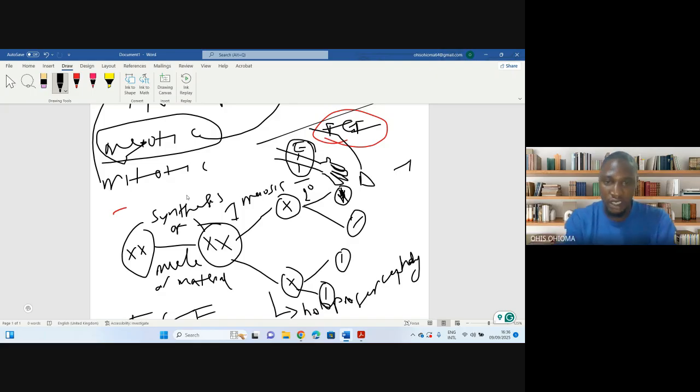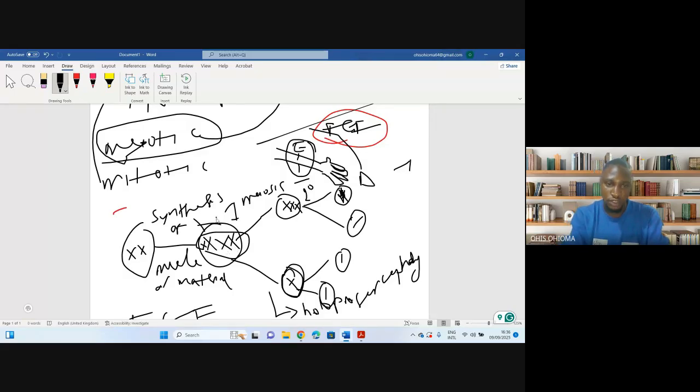But what happens here in meiosis is that when these cells duplicate, let's say this is the nuclear material that is formed, we now have 4x. In the primary meiosis, you would have 3 cells here and then just 1 here, in disorders of meiosis.